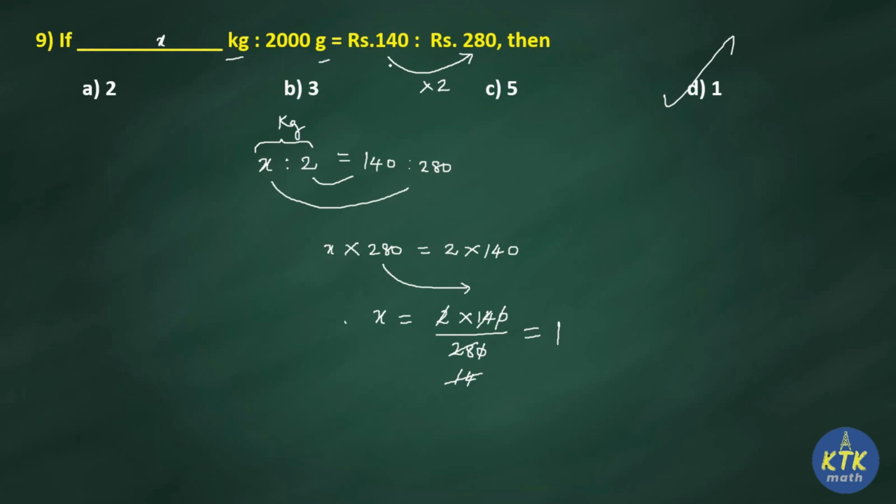Now tell me what number multiply with 2 to get 2000? 1000. So 1000 into 2 is 2000. So 1000 gram is nothing but 1 kilogram. So without using this method, by looking at the question also you can try to solve it. Clear? We'll go to last question.